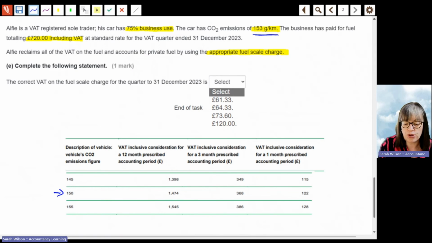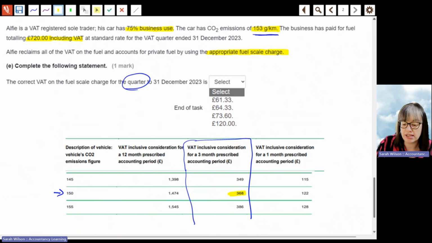Now we're told that we're working on the quarters, so we do VAT quarters. So therefore, we're going to be looking at this section here. So our VAT inclusive consideration is 368.